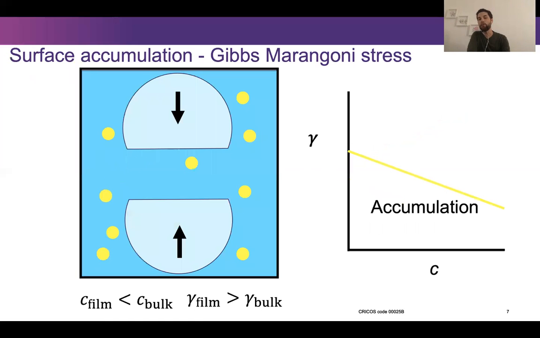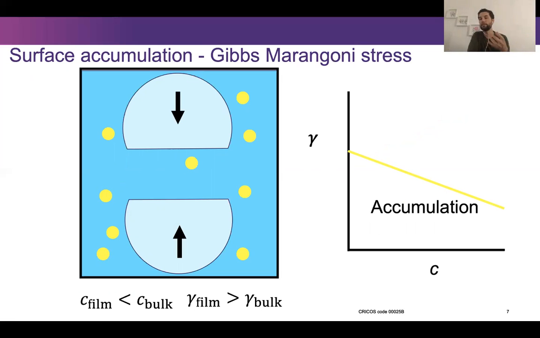But what he pointed out was that, in fact, for these surface accumulated ions, your concentration in the thin film will actually be less than bulk. And that's because you have more ions at the surface making up a significant proportion of this thin film, meaning more ions are leaving the thin film than the bulk concentration, decreasing the concentration of ions in that thin film.